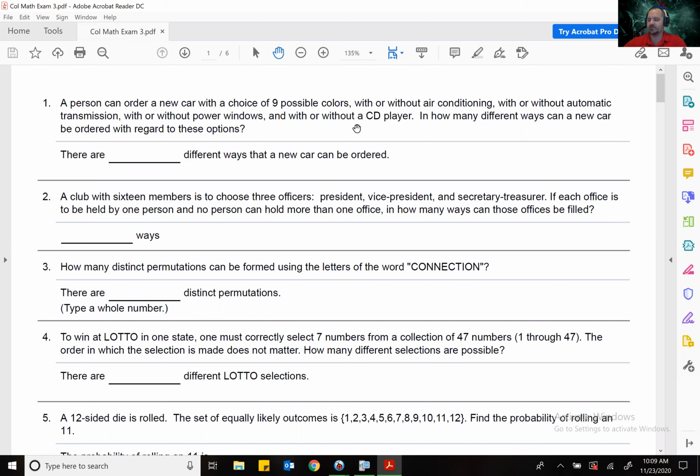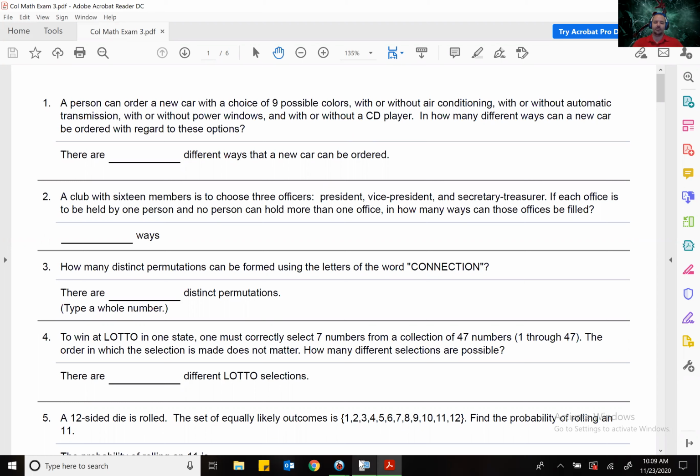The next one is the automatic transmission. Sorry, not transition, transmission. Silly Mr. Armstrong. That is 2 choices because either you get it or you don't. The next choice is power windows, and 2 choices again. Finally, the CD player, and you've got 2 choices there.